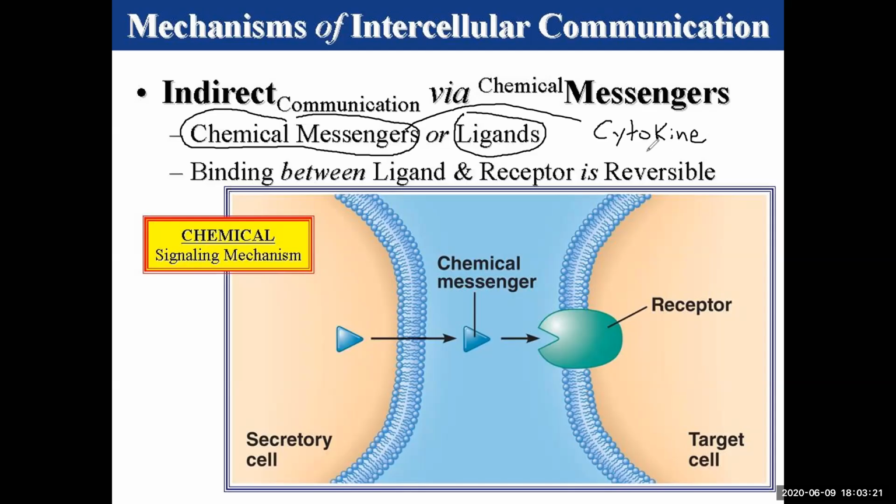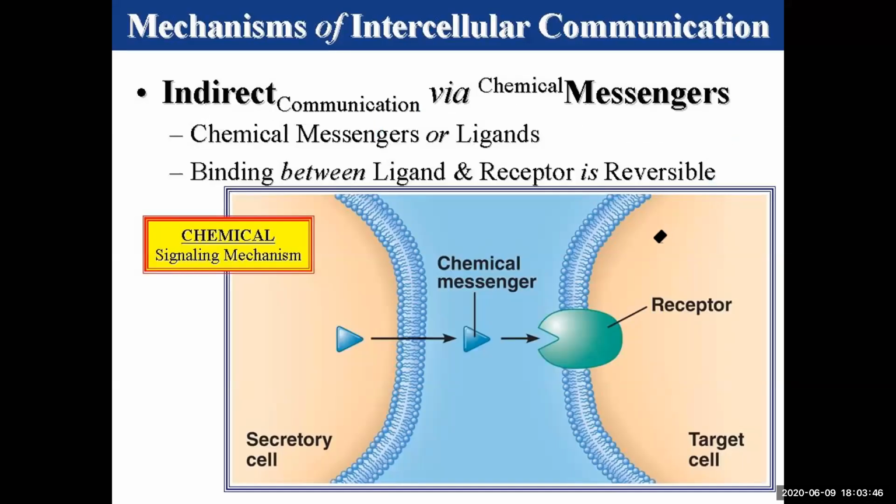One cytokine, two or more cytokines, add an S at the end for plural. Okay. So depending again on the organ system: cytokines for the immune system, hormones for the endocrine system, and neurotransmitters for the nervous system. So these are the three main organ systems relying heavily on chemical messengers to communicate with other cells or with other organ systems.